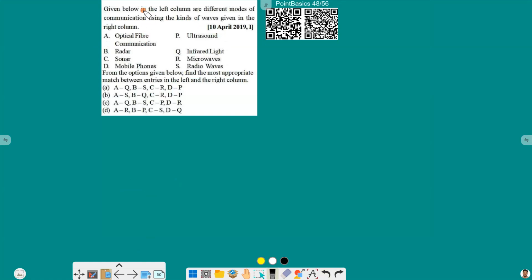Now, given below in the left column are different modes of communication using the kinds of waves given in the right column. We have optical fiber communication, radar, sonar, and mobile phones.